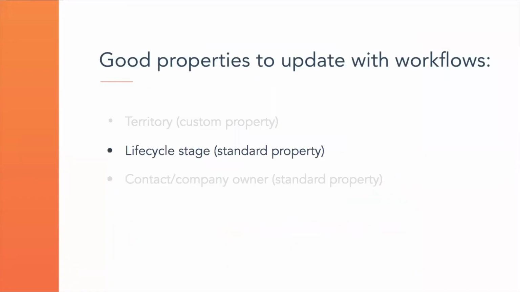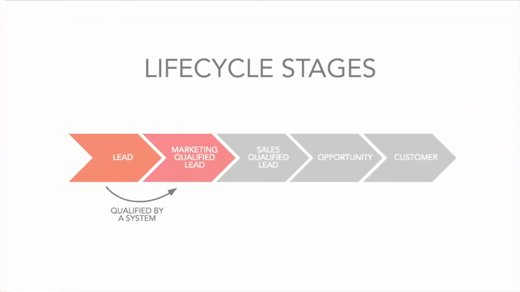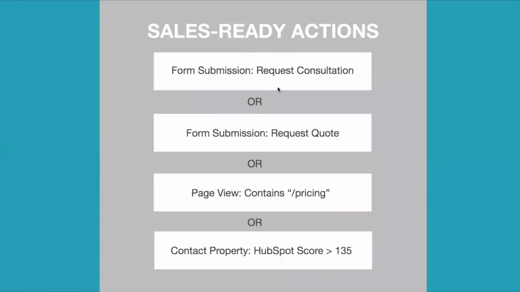And then the second part would be the lifecycle stage, that standard property that we talked about, where a lead can turn into a marketing qualified lead. What are these sales-ready actions they're taking on the website? That could be a form submission that requests a consultation, a form submission where they're requesting a quote. You could do it where they're viewing a pricing page specifically.